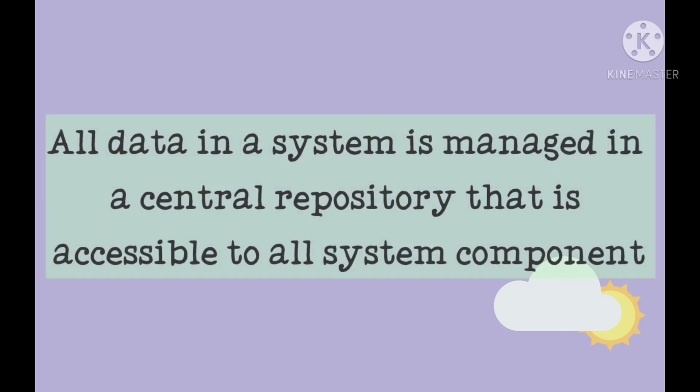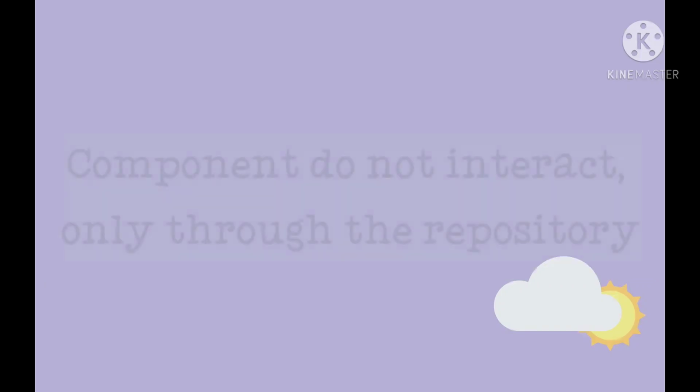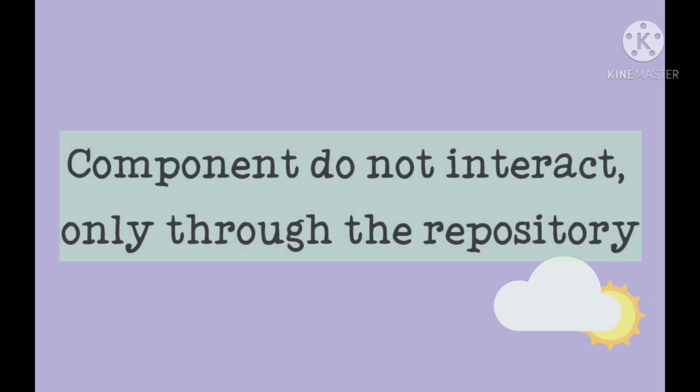In the repository architecture, all data in a system is managed in a central repository that is accessible to all system components. Components do not interact directly, only through the data repository.